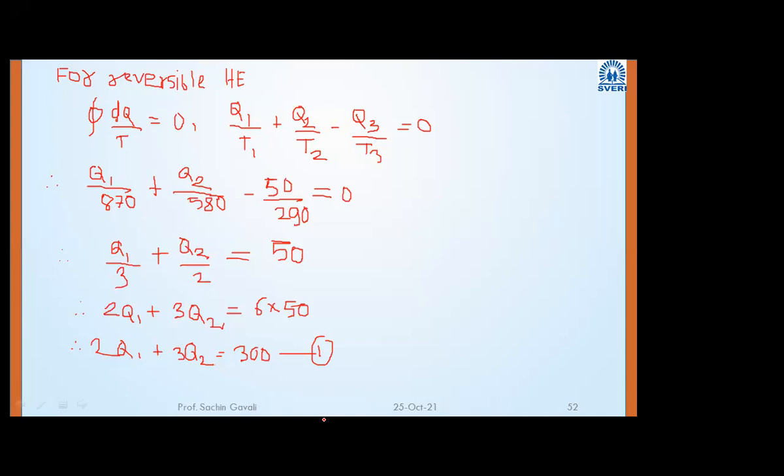Understood or not, mention in chat box. Am I audible, na? Nobody is mentioning in chat box. Chat box or if I want to repeat.